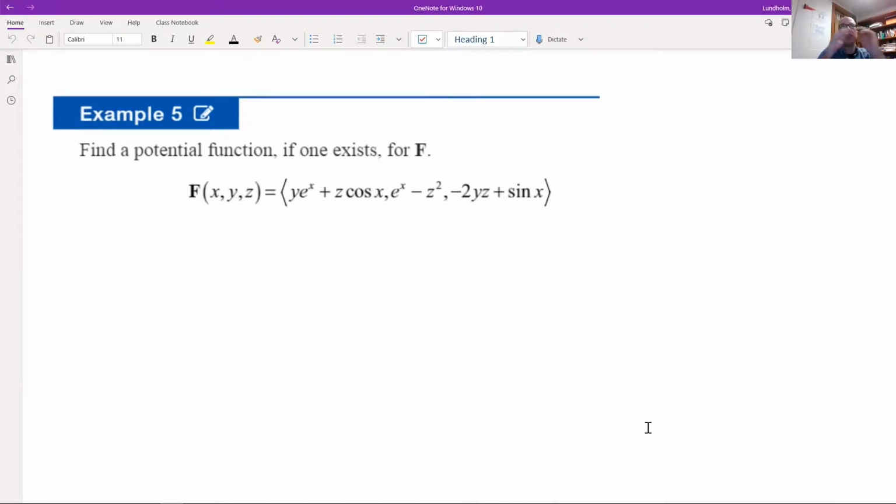Find a potential function for this force field F, if it exists.